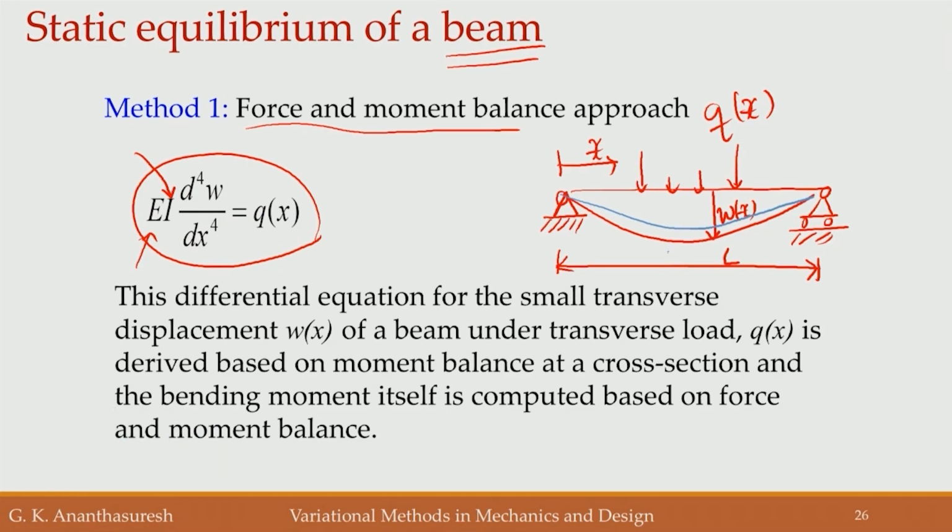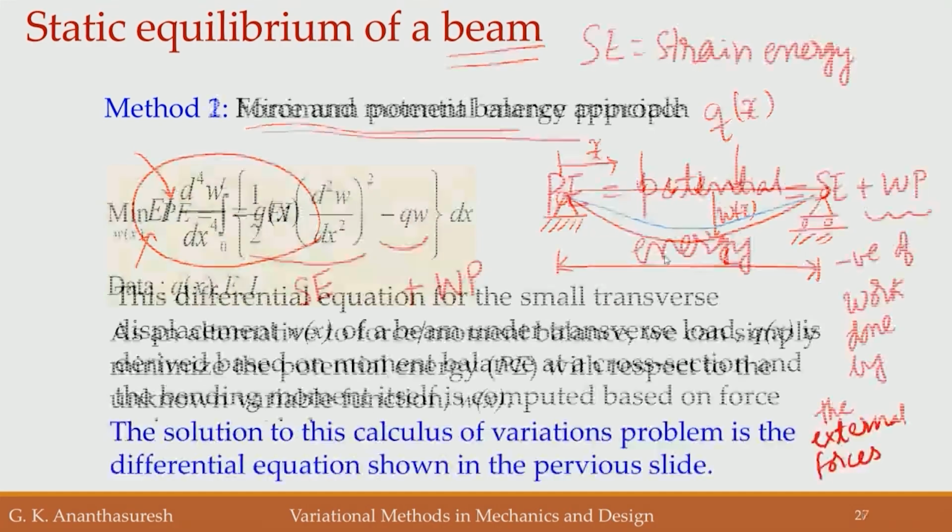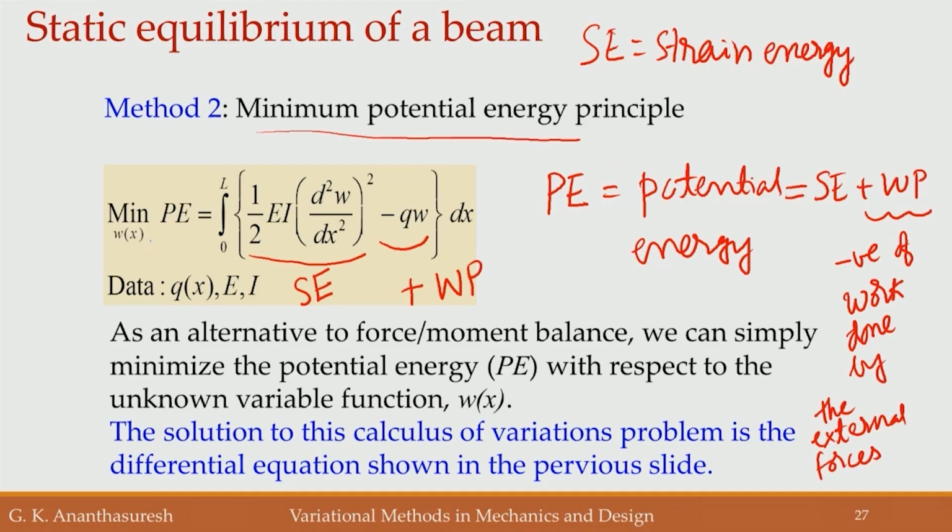Instead, it is deforming to a particular shape because that particular one minimizes the potential energy. As you change W of x, this expression is going to change. There is W here and the second derivative of W here, and as you change W, the value of the potential energy is going to change. That W will be chosen by the beam which minimizes this potential energy. That is what this second method says.